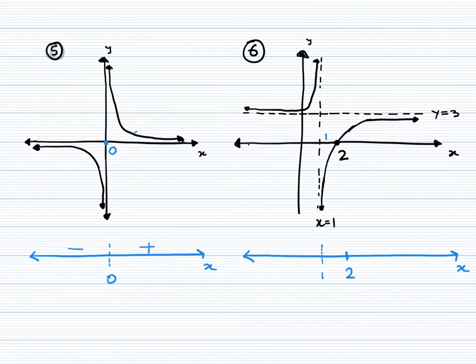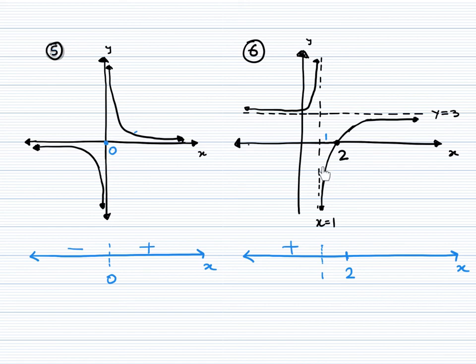Now, the next step is to look at what's happening before 1. Before 1, the graph is above the x-axis, so therefore it is what? Positive. Well done. Now between 1 and 2, let's see what's happening.